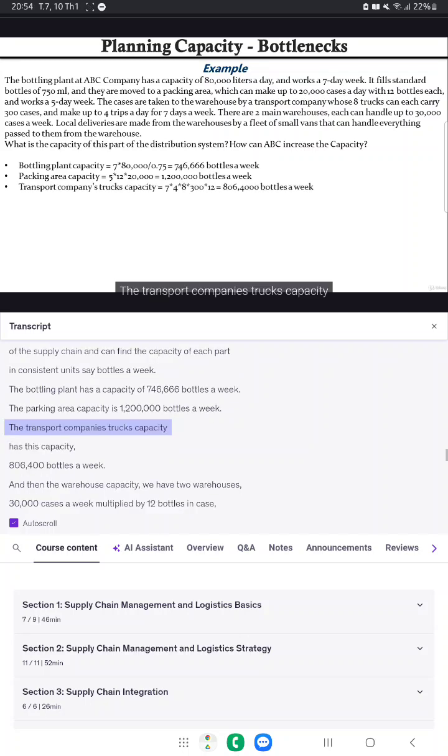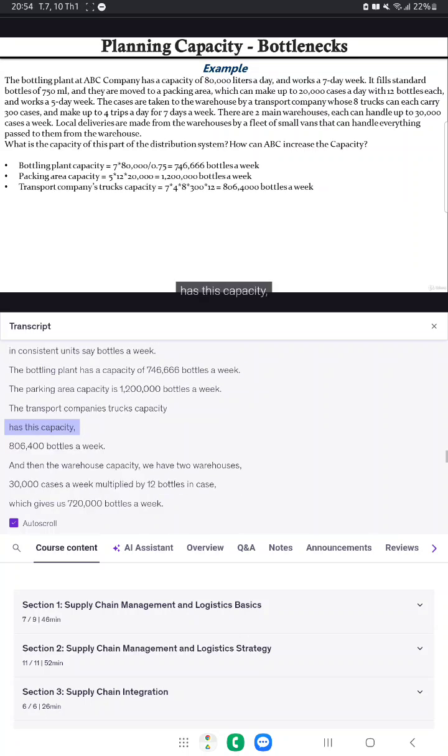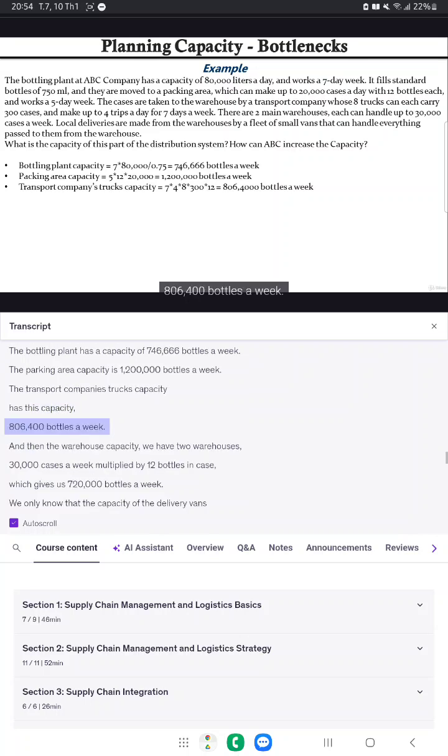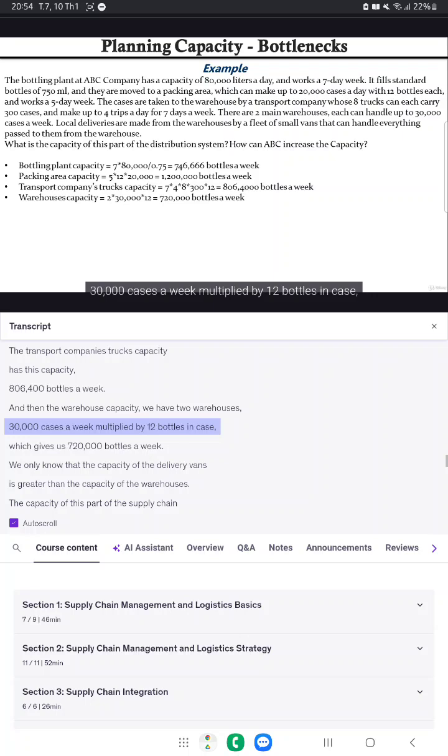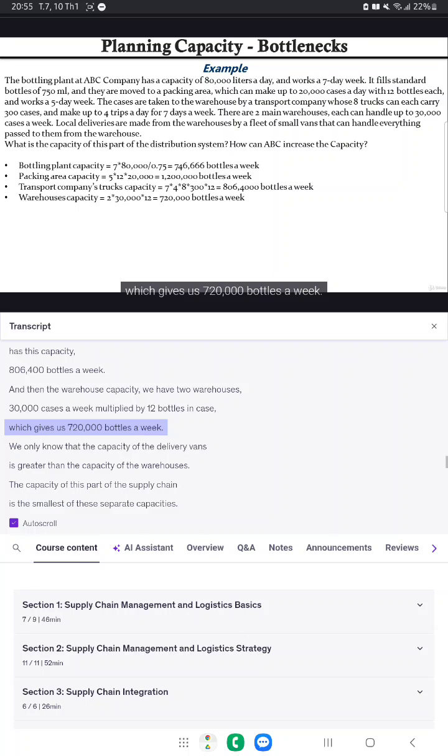The transport company's trucks have a capacity of 806,400 bottles a week. And then the warehouse capacity, we have 2 warehouses, 30,000 cases a week multiplied by 12 bottles in a case, which gives us 720,000 bottles a week.